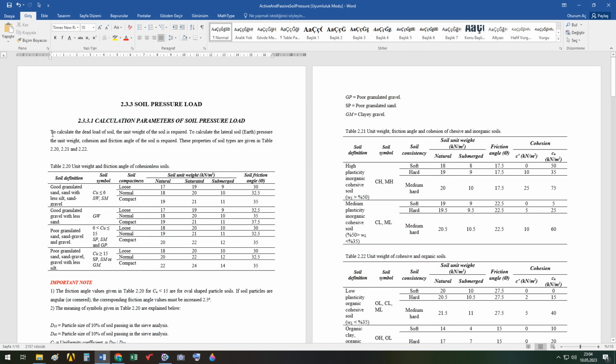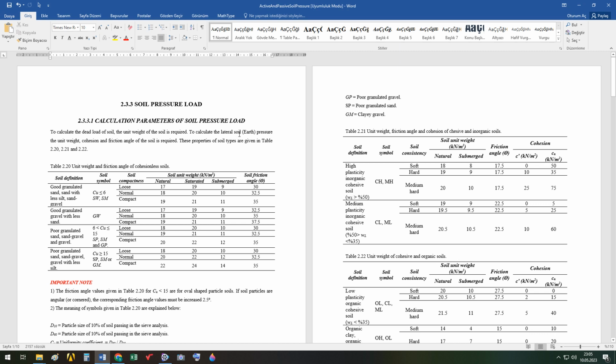Okay, let's start. To calculate the dead load of the soil, which is used to design the foundation, the unit weight of the soil is only required. But to calculate the lateral soil earth pressure, active and passive earth pressure loads are also terms used to refer to this pressure load.